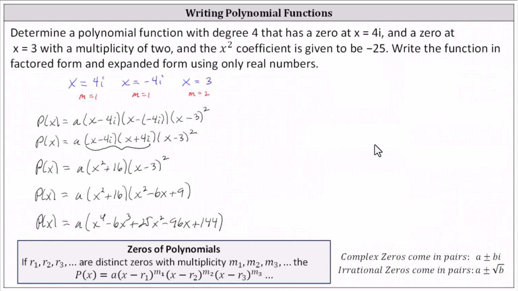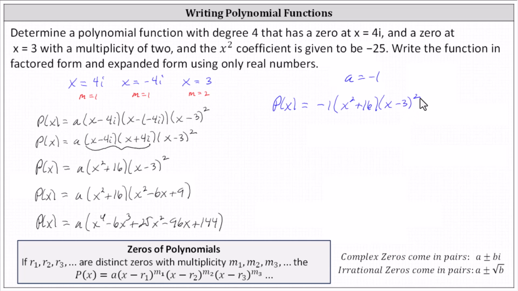Remember, we were told that the coefficient of x squared is negative 25. Notice inside the parentheses is positive 25, which indicates a must equal negative 1. So if a equals negative 1, we now know the polynomial in factored form, using only real numbers, is negative 1 times the quantity x squared plus 16 times the square of x minus 3.